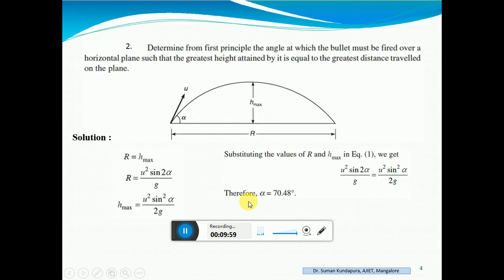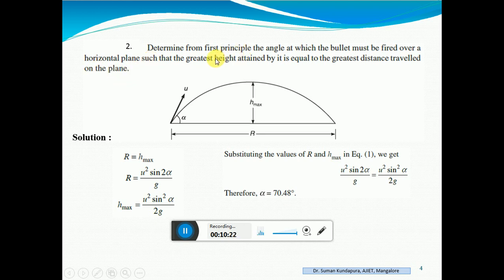Okay, we'll move on to the next problem: determine from first principles the angle at which the bullet must be fired over a horizontal plane such that the greatest height attained by it is equal to the greatest distance travelled on the plane.